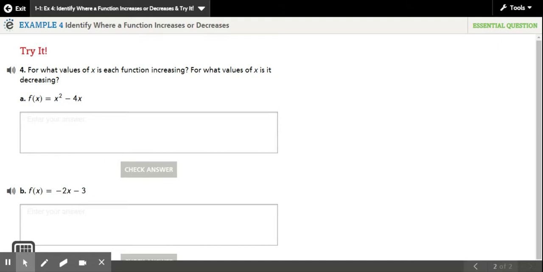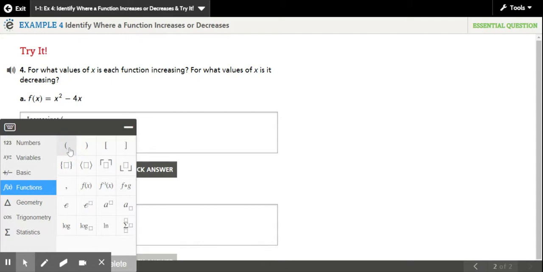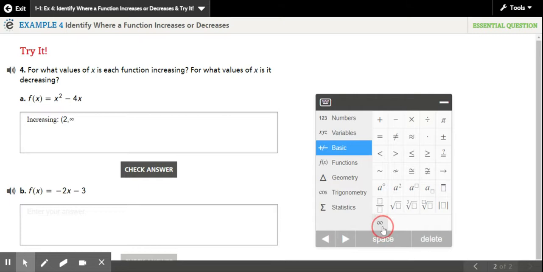All right, so the ordered pair for increasing would be 2 to infinity. So 2 comma infinity.